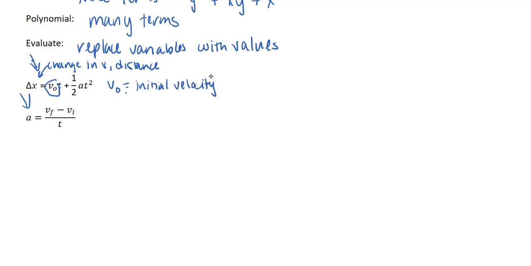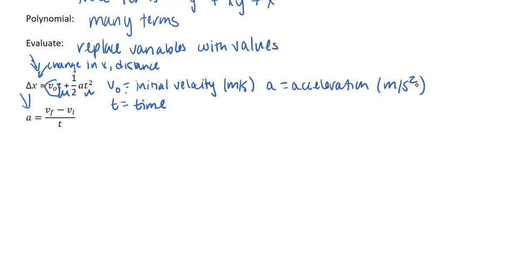So what does it start out with? Which is usually in terms of meters per second. Now we have t for time, which you'll see here and here. Then we have a, which is acceleration, in meters per second squared. And then time is usually in seconds.